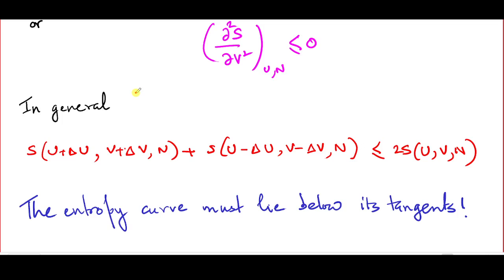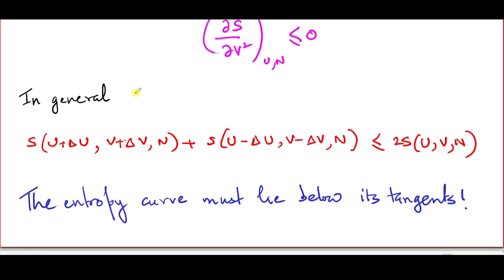Now, you might expect that this would tell you that del 2 S del U 2 and del 2 S del V 2 are both less than or equal to 0. But there is a surprise in store for you. A surprise, that is, unless you have already studied extremization of functions of multiple variables, in which case, of course, you would know what I am leading to here.